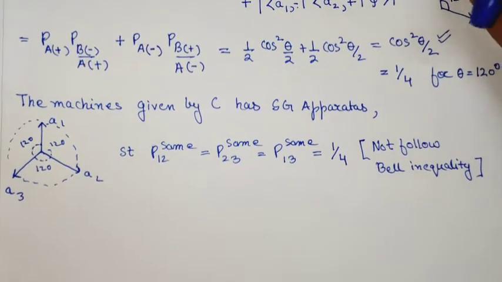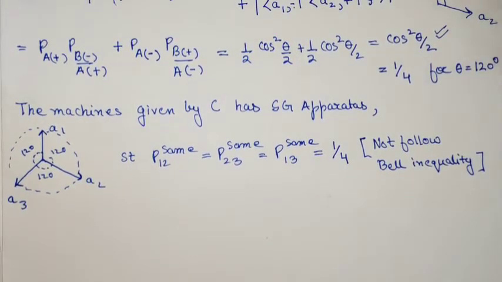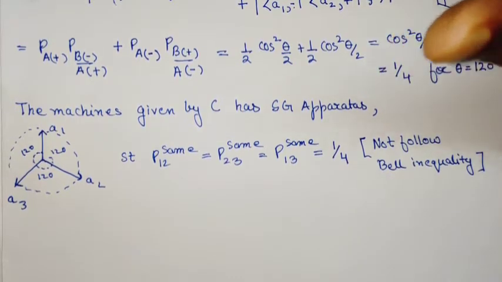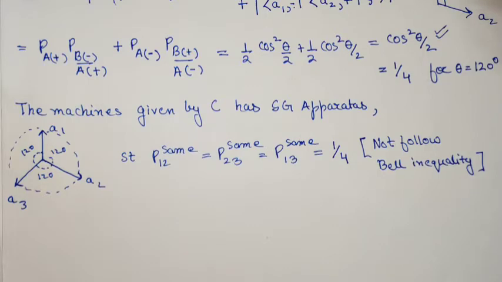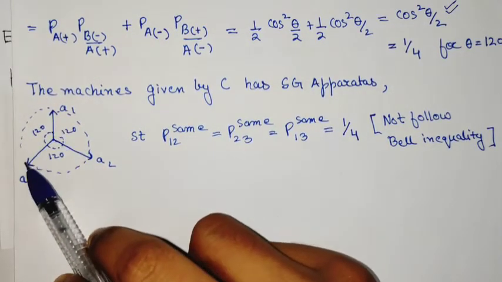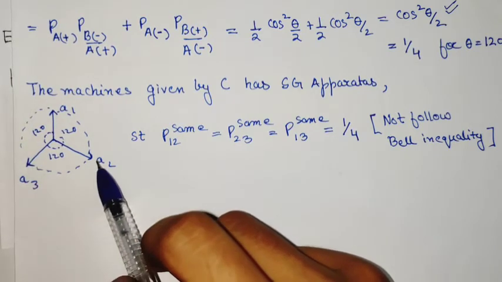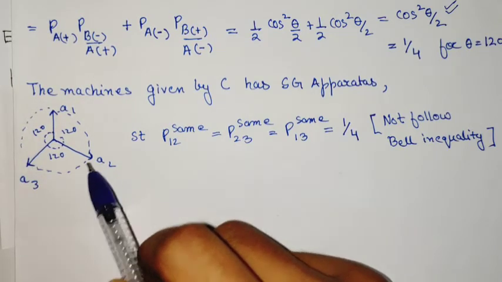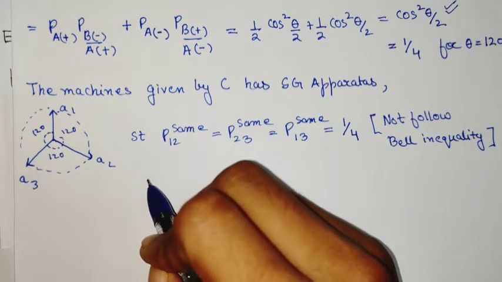So that means inside the machine there are three axes, such that this 360 degrees of the Bloch sphere is divided into 120, 120, 120. And these axes are the axes of measurement whenever we select a particular coin.